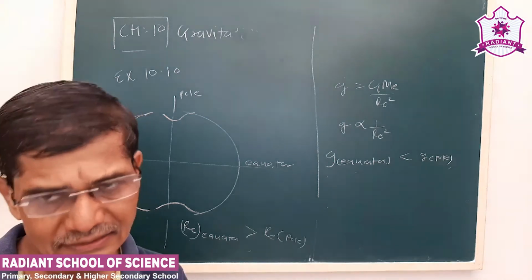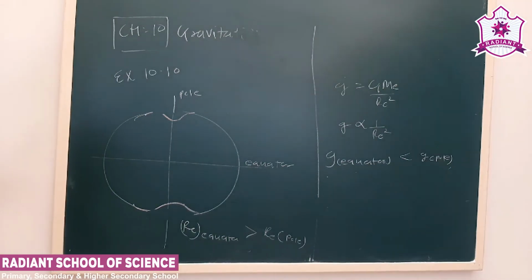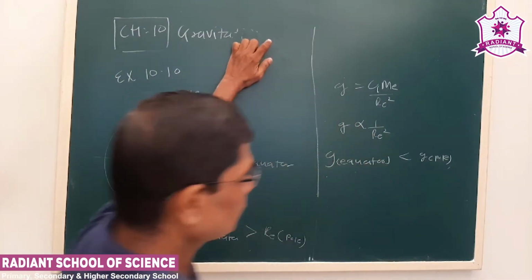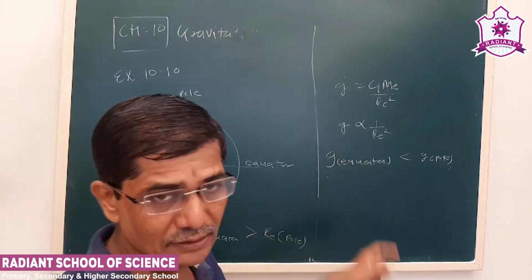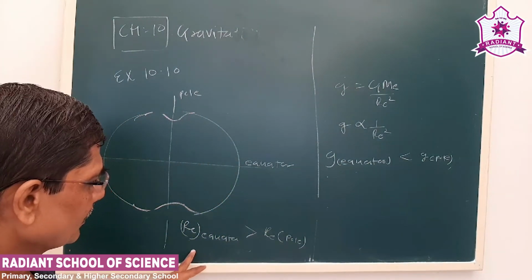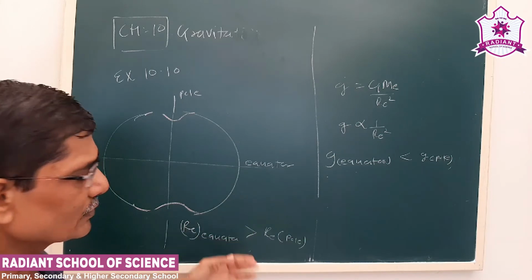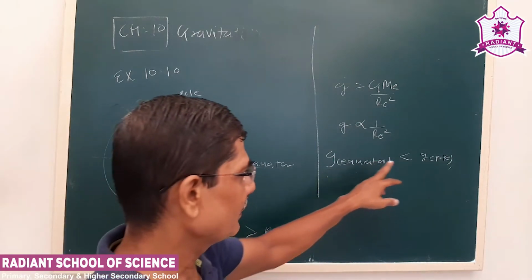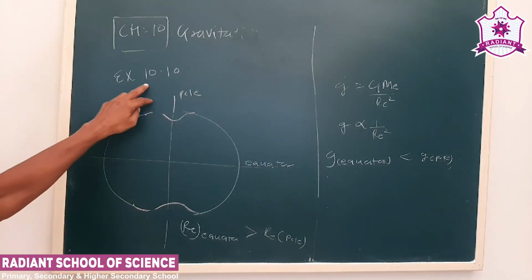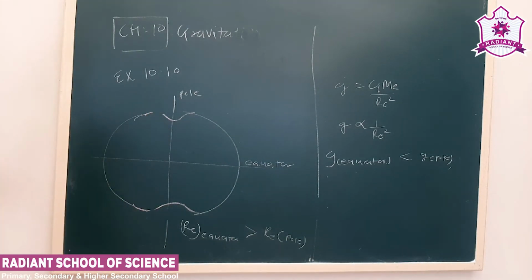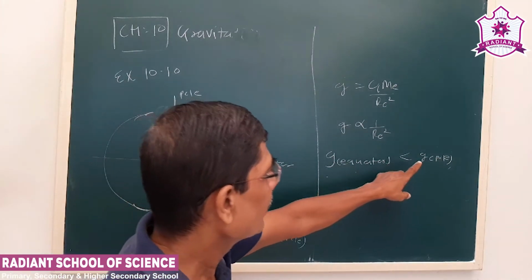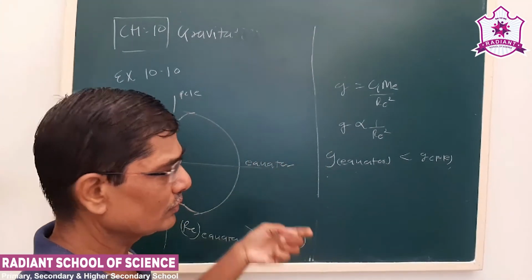No. See, there will be slight variation as I told. Okay, g is inversely proportional to the square of the distance. Now the radius on the equator is more than the radius at the pole. So g on the equator will be less. Now he has bought gold at the pole. Here radius is less, so g will be more.